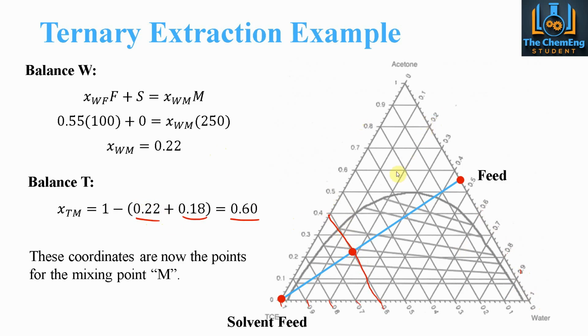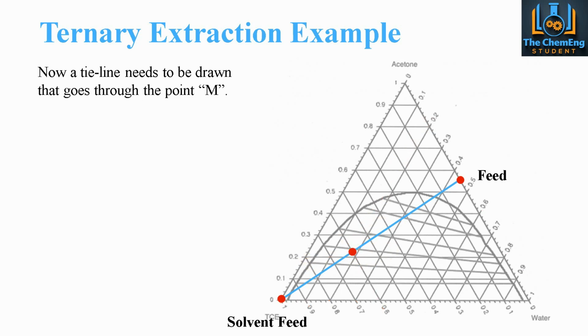If we draw a line all the way down, it's not going to be straight, but you get the general idea. We can see that it will intersect there. And if we perform the same thing, you can see there is a slight tolerance of error, but we are on the operating line, which means this is our point M. So this is the mixing point, and now we know we do indeed have a two-phase system.